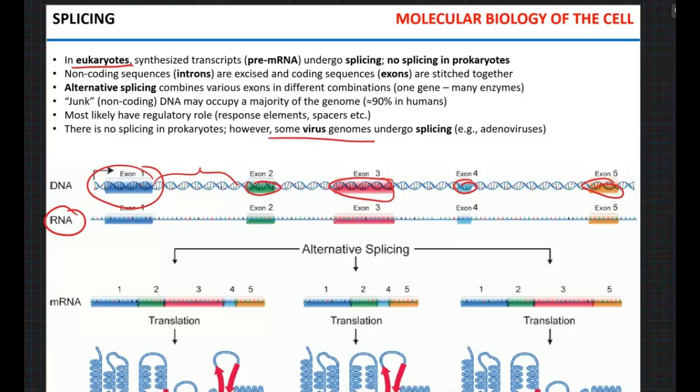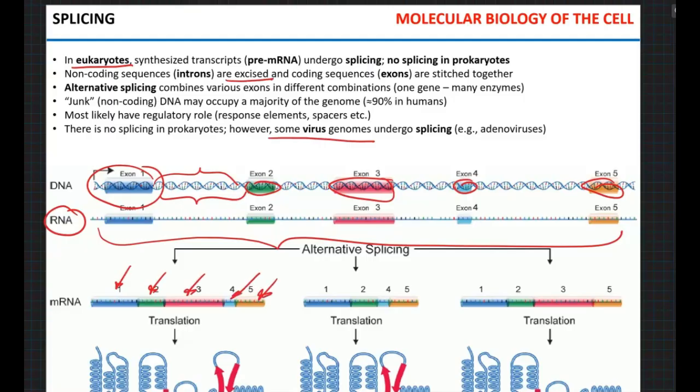Okay? So when a cell transcribes DNA, it produces that primary transcript, the RNA that is not suitable for future protein synthesis. So this RNA goes through the process known as splicing, in which introns are excised, removed, and the exons are stitched together.